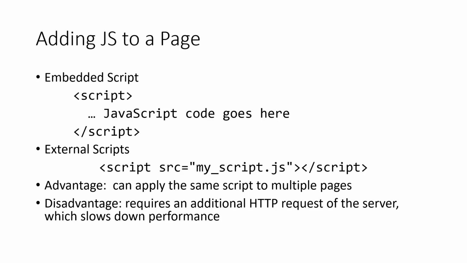Now, rather than embedding script, having external scripts is always useful because the same script you can run on multiple pages. But then, of course, the advantage comes with some cons as well. You have to make an additional HTTP request to the server.